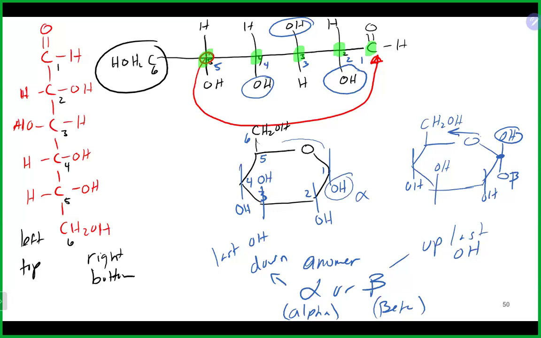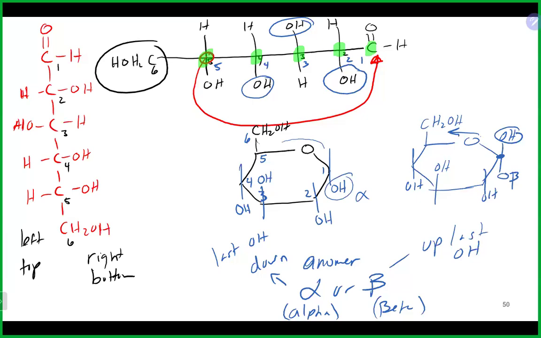But to answer your question, with the combination of 1 and 5 coming together, one of those OHs on 5 gets incorporated, the oxygen gets incorporated into the ring, and then you will be told to draw either one or the other, and that's how you know whether to go up or down based on whichever one you're drawing.